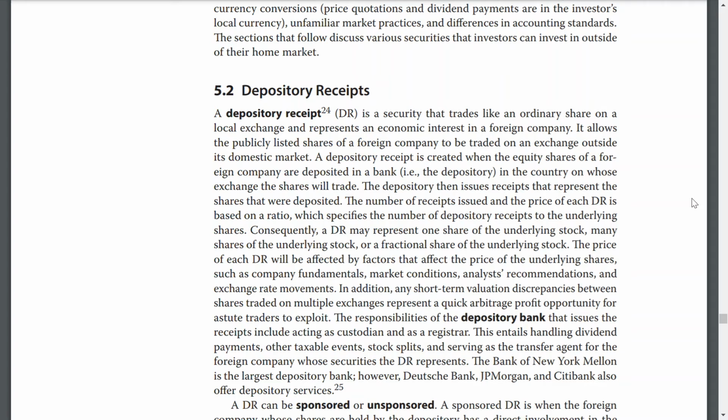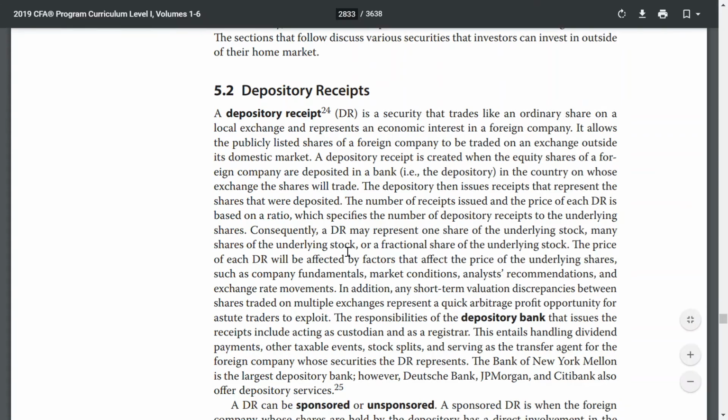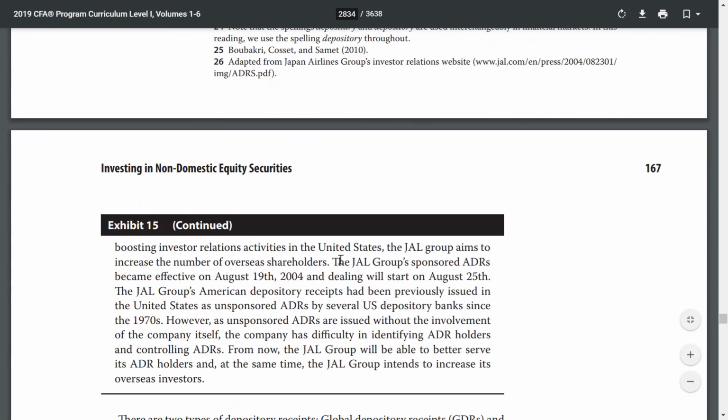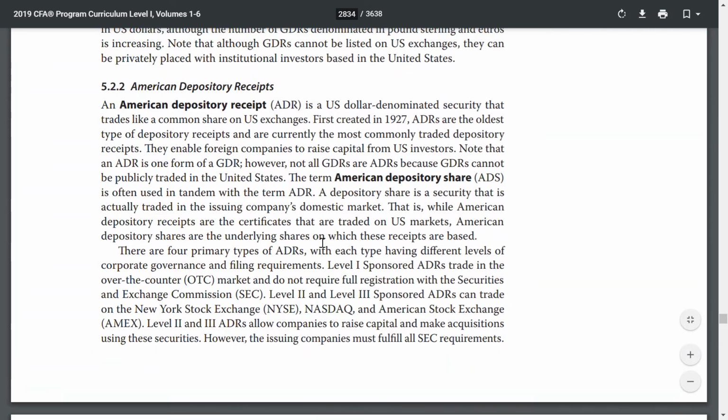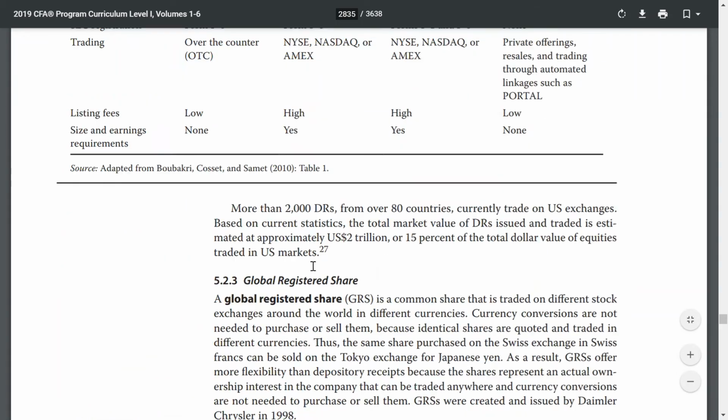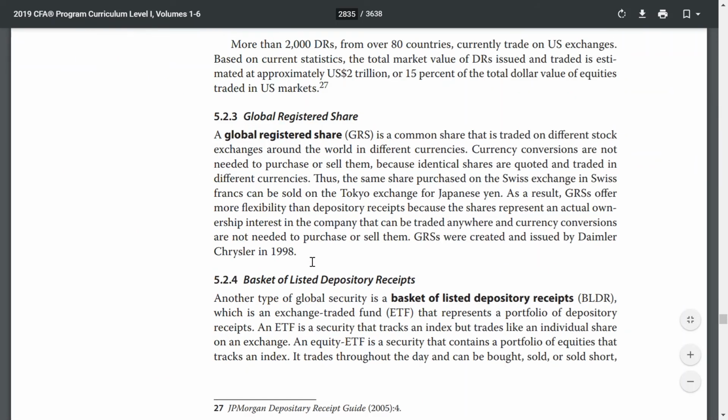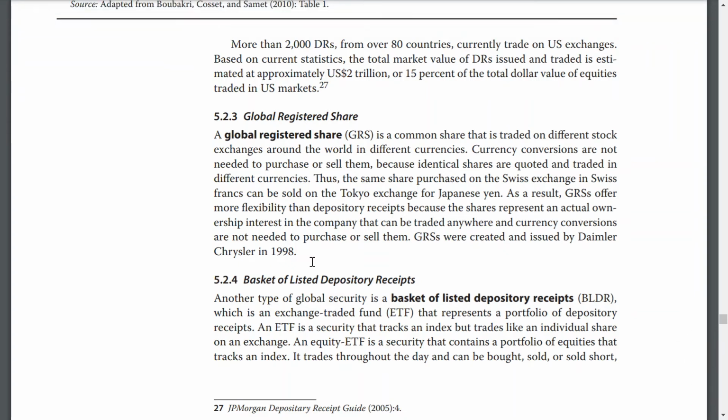Global depository receipts, American depository receipts, global registered shares. A global registered share is a common share that is traded on different stock exchanges around the world in different countries. Currency conversions are not needed to purchase or sell them because identical shares are quoted and traded in different currencies.